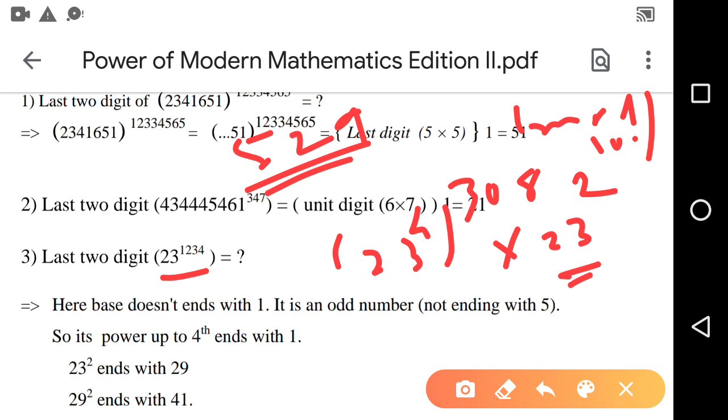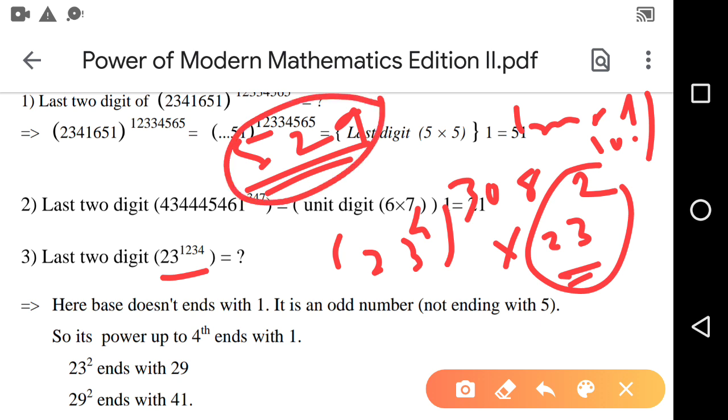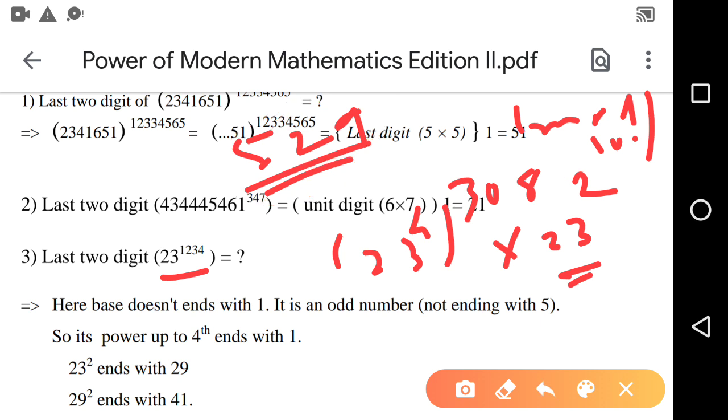For that, we replace each number by the corresponding remainder when divided by 100. So 23 square is 529, divided by 100 gives remainder 29, friends. So let us replace this by 29.